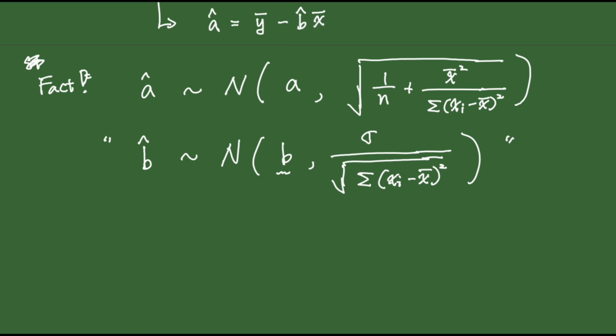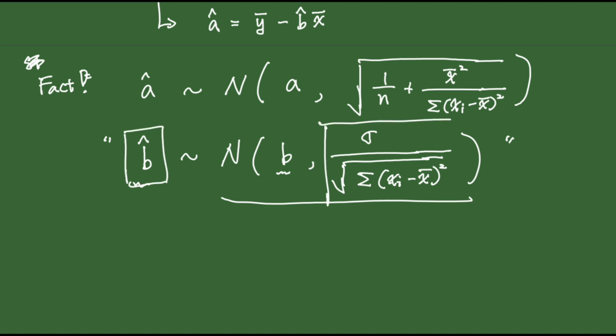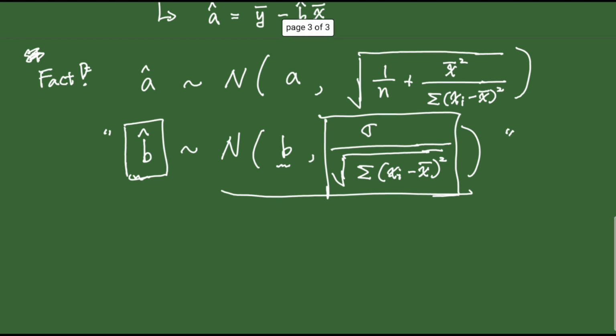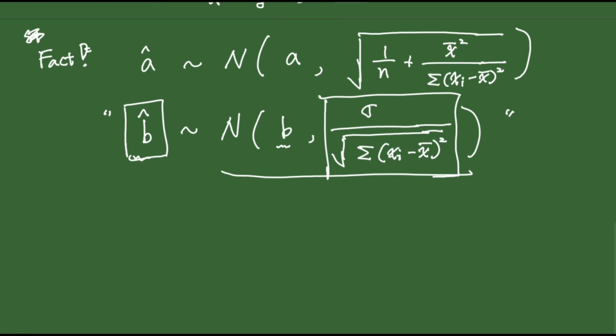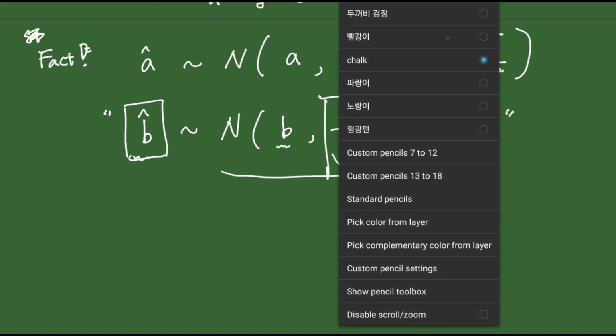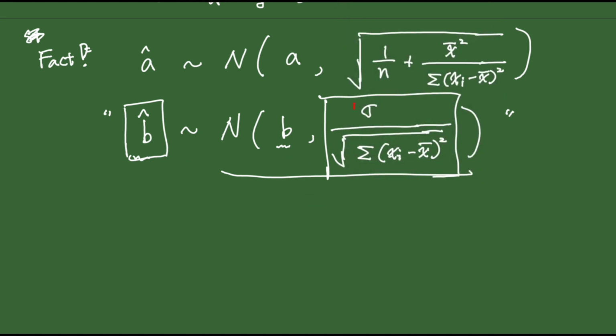Since this B hat follows this distribution, you can use this one and this one to construct the CI. However, we don't know what sigma is, right?